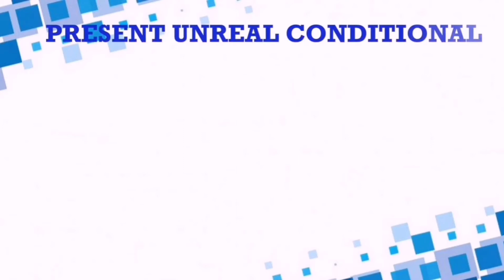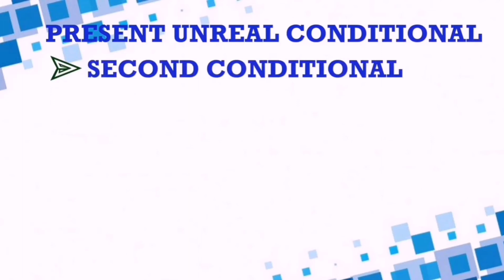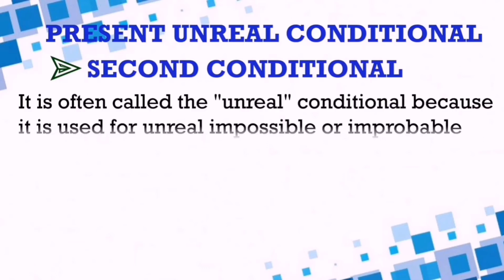This week, we will discuss the remaining types of conditional sentences, beginning with the present unreal conditional. It is also known as the second conditional. It is often called the unreal conditional because it is used for unreal, impossible, or improbable situations.